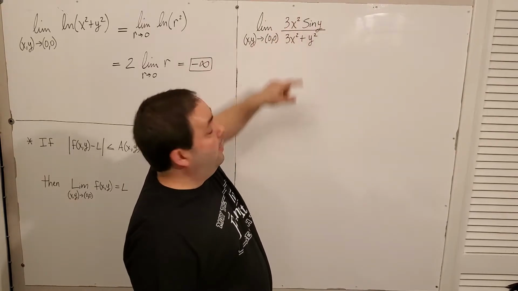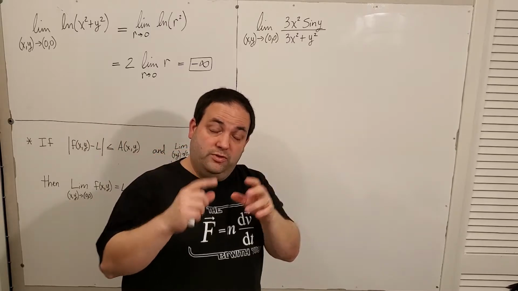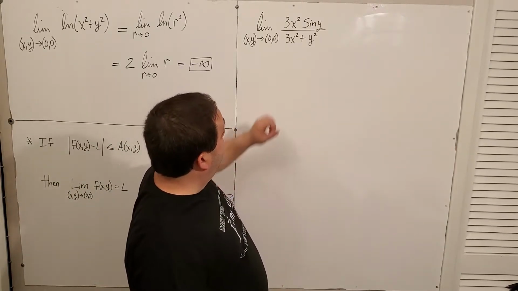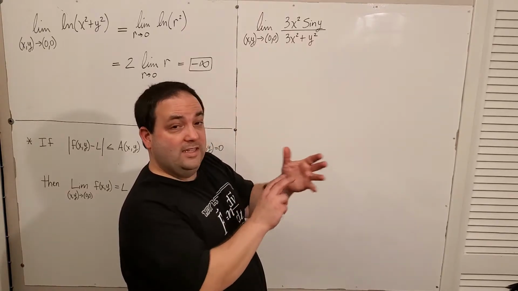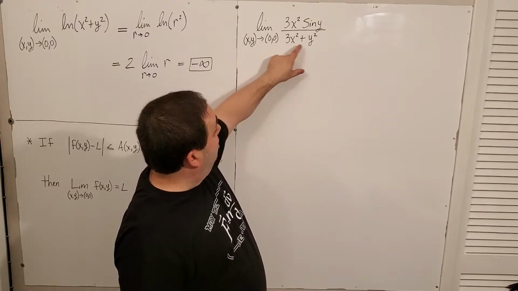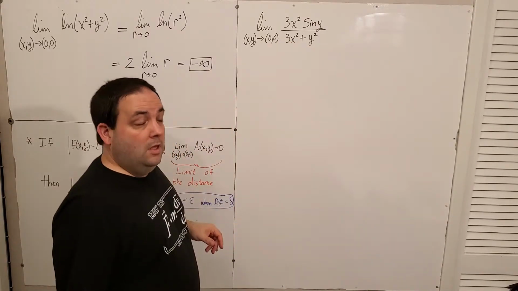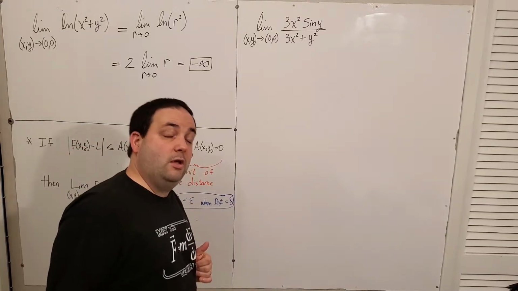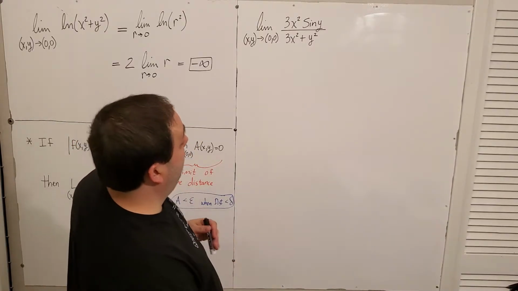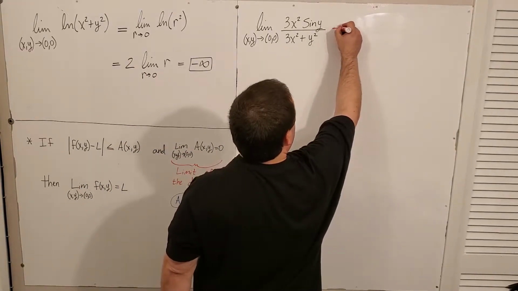So the numerator is like 0 cubed, or as it gets close to it, something close to 0 cubed, whereas in the denominator, I'll just have 0 squared added together with some coefficient as xy goes to 0. So the numerator is going to be stronger here, which tends to make you think, oh, well, this is going to go to 0, all right? So I tender a guess. Equals 0.